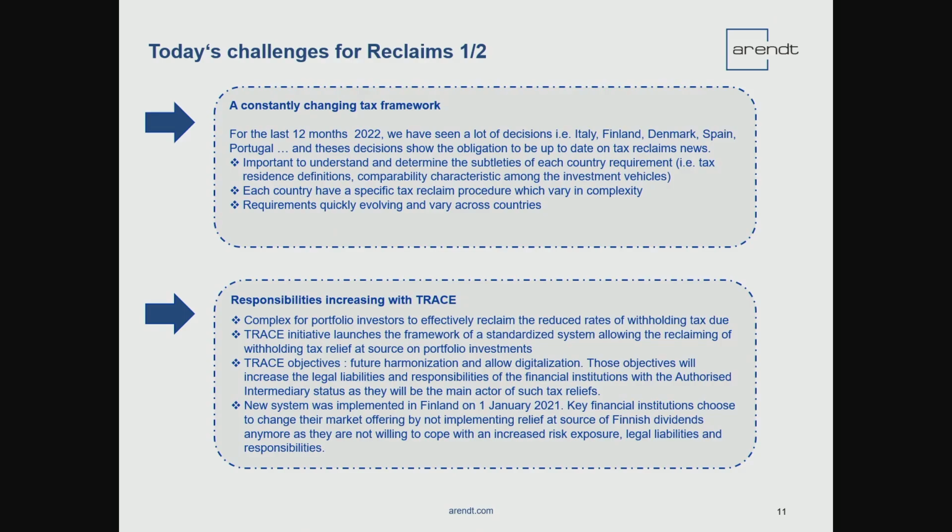We have seen over the last 12 months that the European Court of Justice and local legislation and local courts have issued several decisions, either positive or negative, for investment funds, both UCITS and non-UCITS funds. That means asset managers and life insurance companies need to follow the European Court of Justice or the decisions rendered by local jurisdictions. So you always need to be aware of what's going on, and that's a challenge for them.